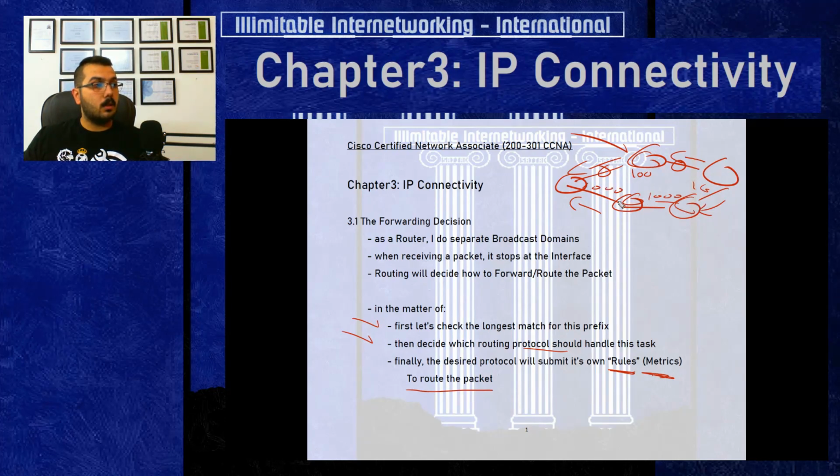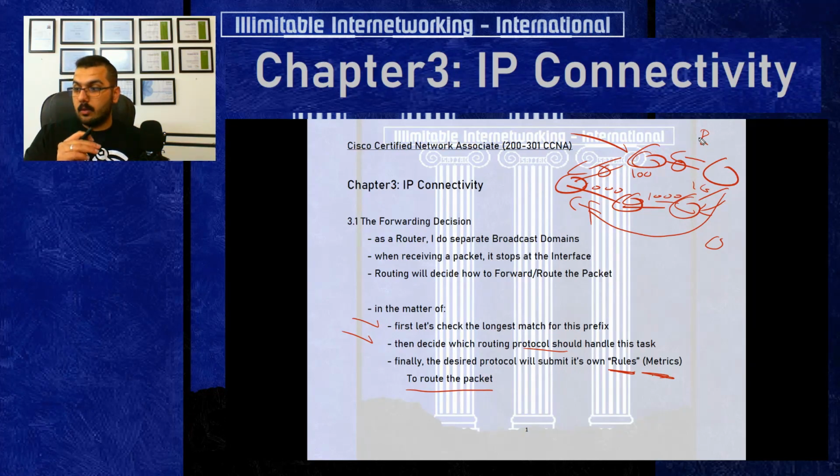Yes, it's a longer route, but it's much faster, so I will take this path. This is for OSPF and this is for RIP. Each one of them has its own metric, and using this metric an algorithm will be applied to the topology. After that, the protocol will decide which path should be used to route the packet.